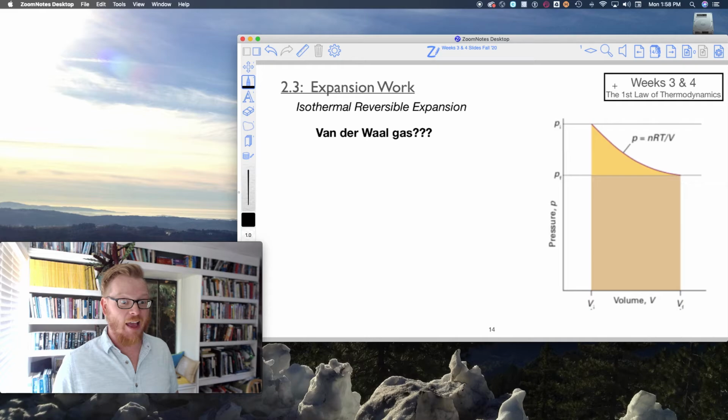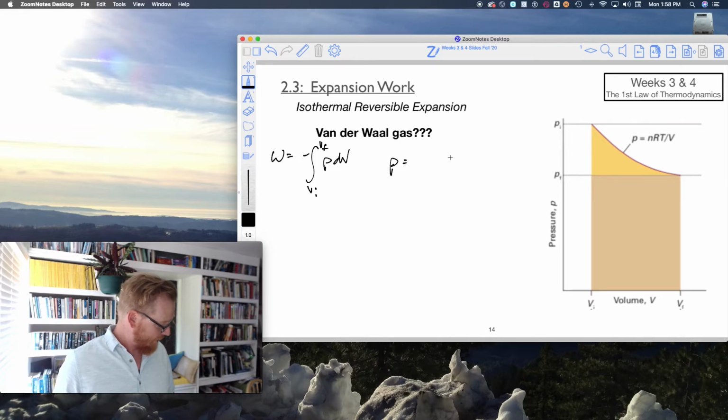What about a van der Waals gas? Okay? What about it? I'm not going to do this, but you should try it. And this one is not too bad at all. I'll set this up again. We know it's just the simple equation, P dV. But now what does P equal for a van der Waals gas?